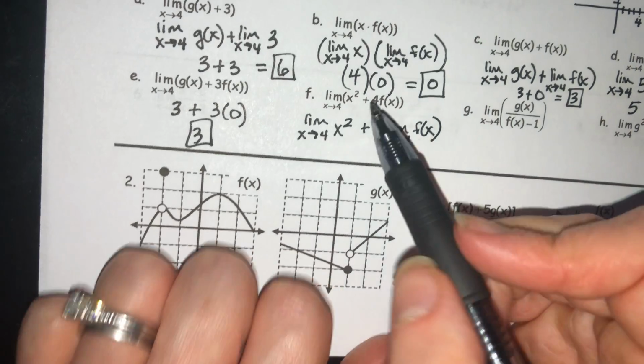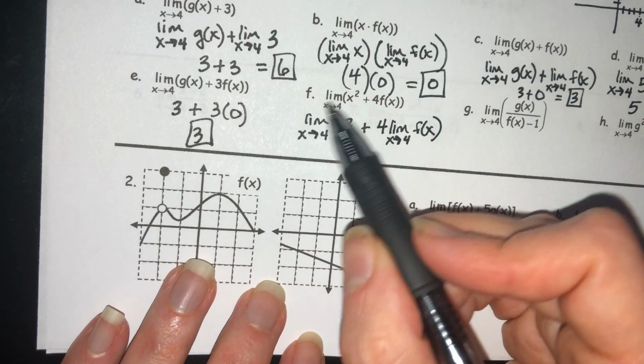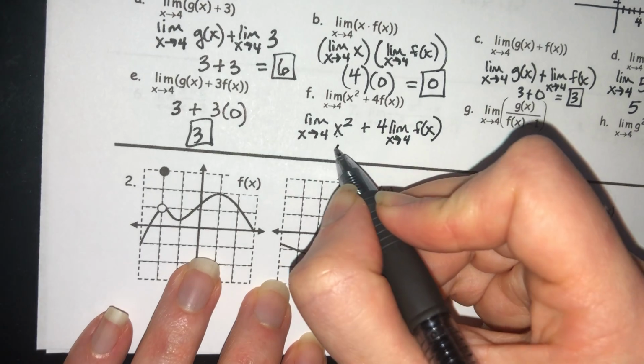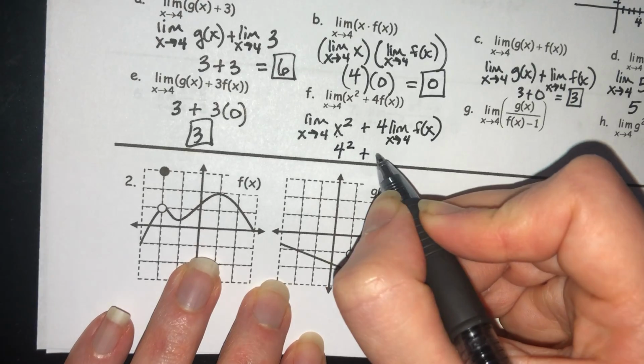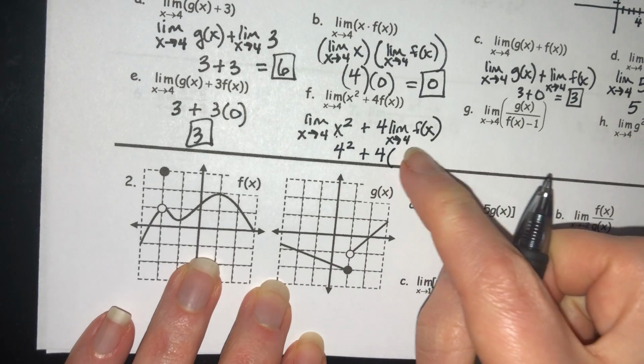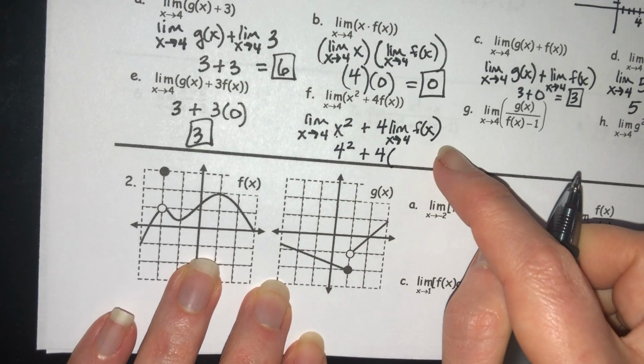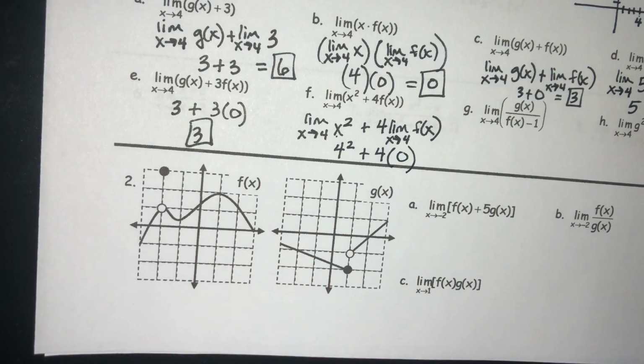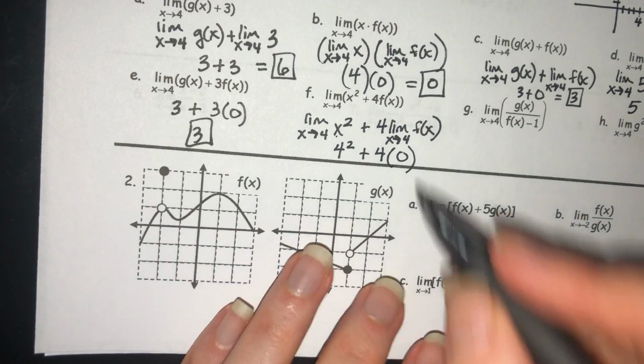We want to do that. Now this first one is just direct substitution. Substitute the 4 in place of the x. So 4 squared plus 4 times, what is the limit as x approaches 4 of f of x? That was given to be 0. So 4 squared plus 4 times 0 equals 16.